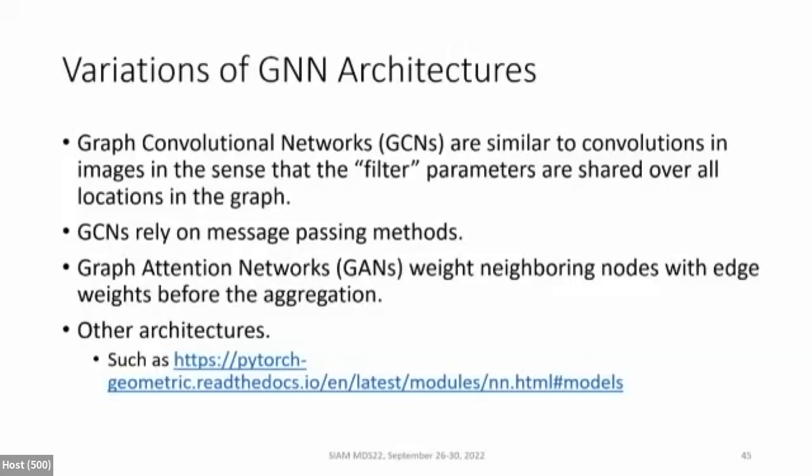In addition to GCNs, there are graph attention networks, or GATs, where this type of model weights neighbor nodes with edge weights before the aggregation. And there are also many other architectures. If you are interested, you can check the PyTorch link we posted here.